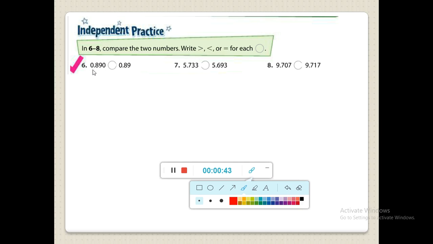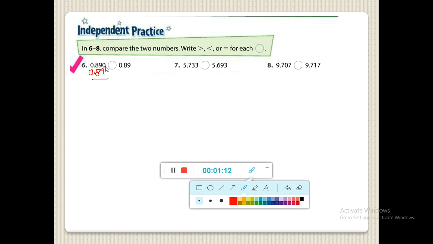Look at these two numbers, 0.890. So what about the other number? It is 0.89. So I line them up. Here I put 0.89. So when I compare them, from the left, the dot under the dot, the tenths under the tenths, then the hundredths under the hundredths, they are the same.